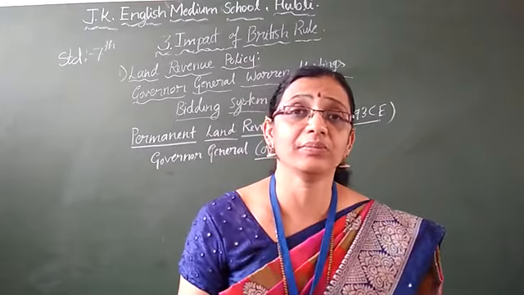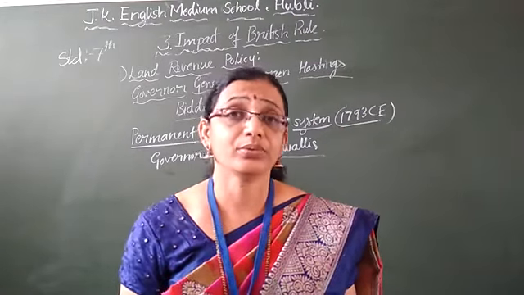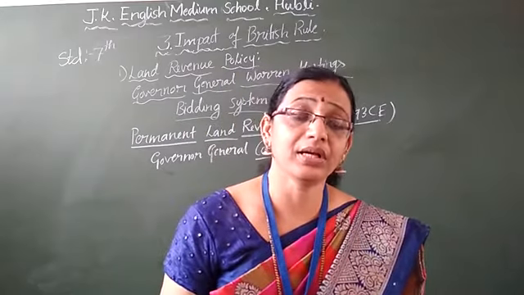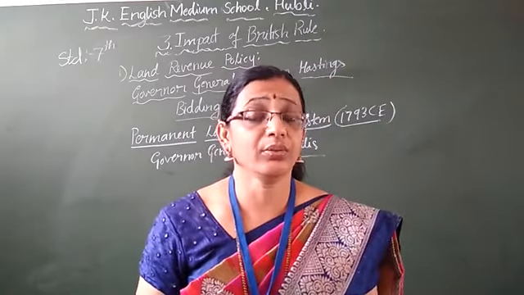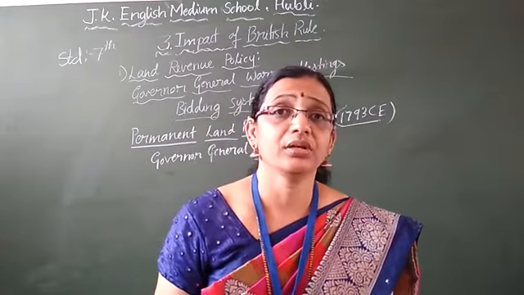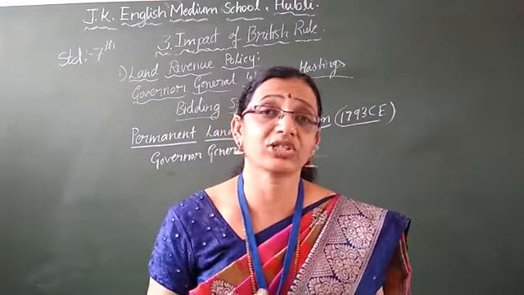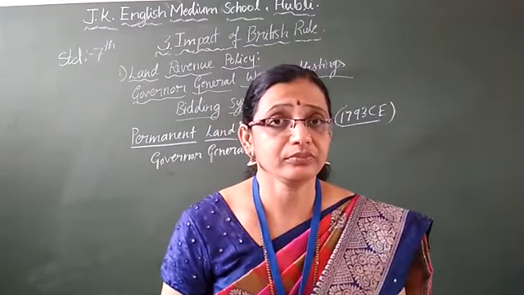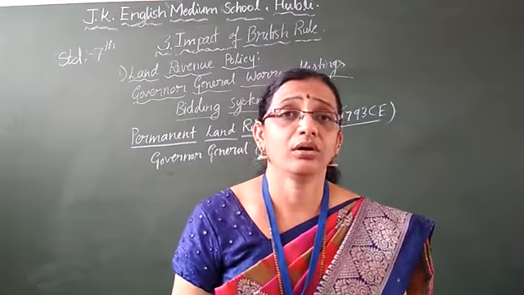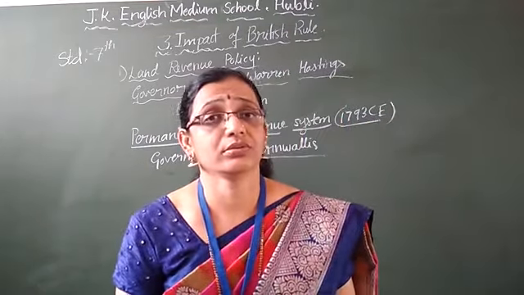If you collect a permanent tax, how will the farmer pay? That is also very miserable. So the zamindars, to maintain their position and win the favor of the British East India Company, started exploiting the farmers. They started behaving very rudely and badly with the farmers.